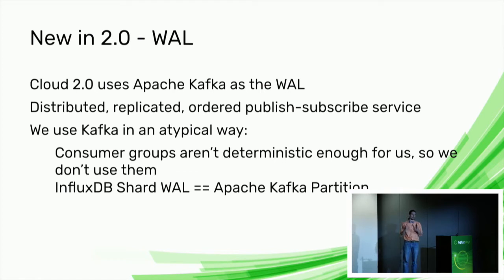We actually push directly into Kafka topic partitions. So partition 0 corresponds with shard 0 in the cloud environment, and partition 1 in Kafka corresponds to shard 1 in InfluxDB. We found Kafka to be very reliable, and nothing more to say about that.